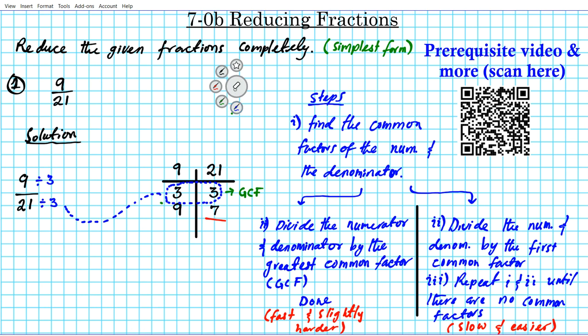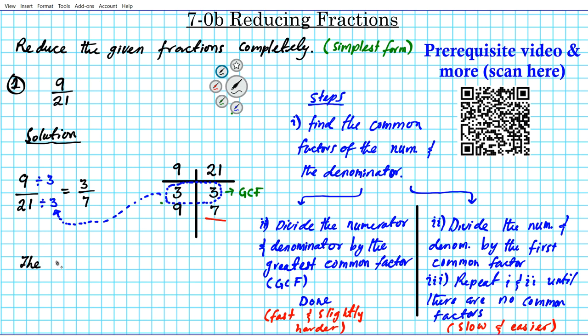So when you divide the numerator and the denominator by 3, the same number, you're not changing the magnitude of the fraction. You're just changing the form. To what? To the simplest form. Okay? All right, so 9 divided by 3 is 3. 21 divided by 3 is 7. There's no need to repeat this step again because the only factor is the greatest common factor and it's namely 3. All right? So that tells us that we are done.